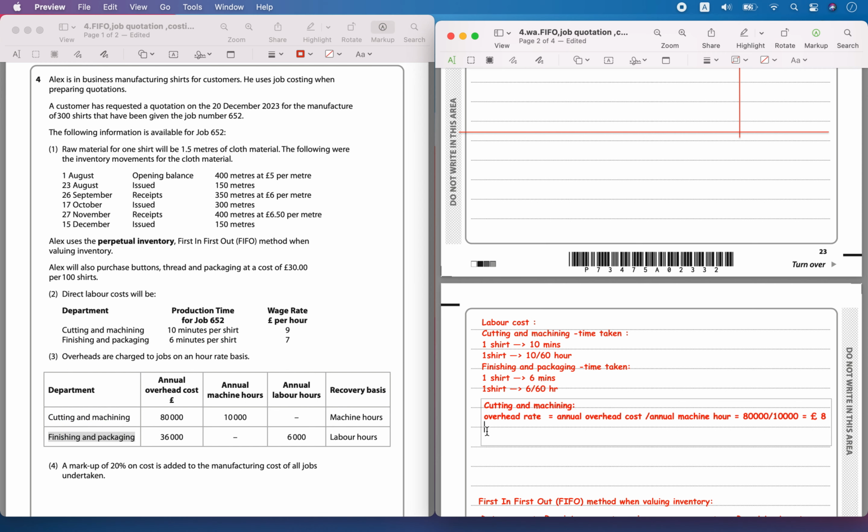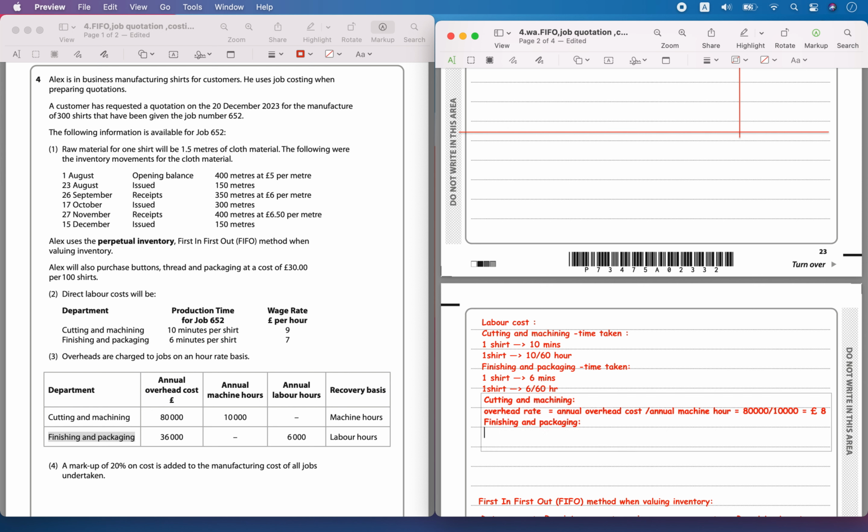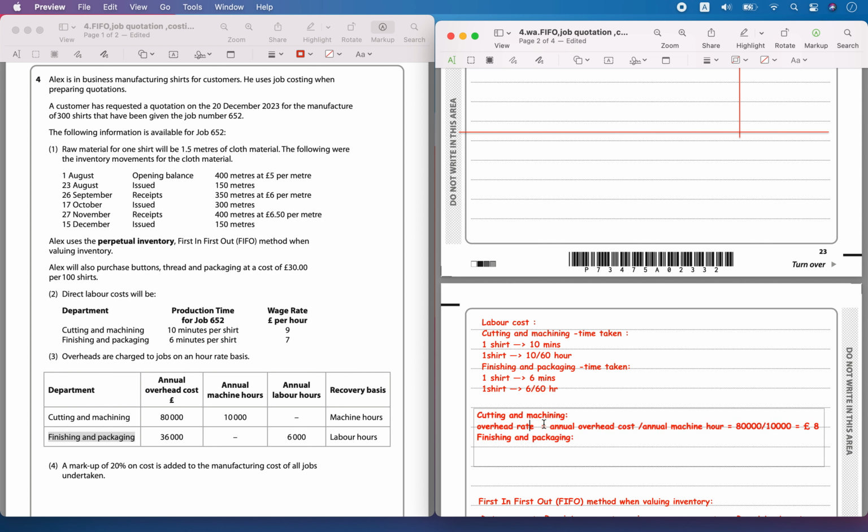Then for the finishing and packaging department, it's based on the labor hours. So the overhead rate is going to be equal to annual overhead costs by annual labor hours.